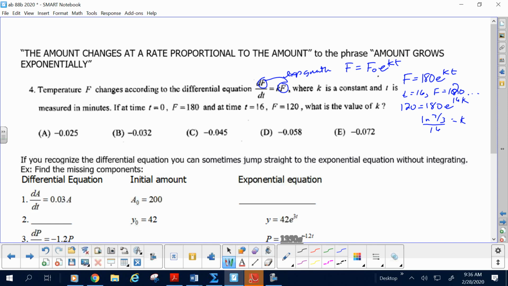Something like natural log of 2/3 over 16?